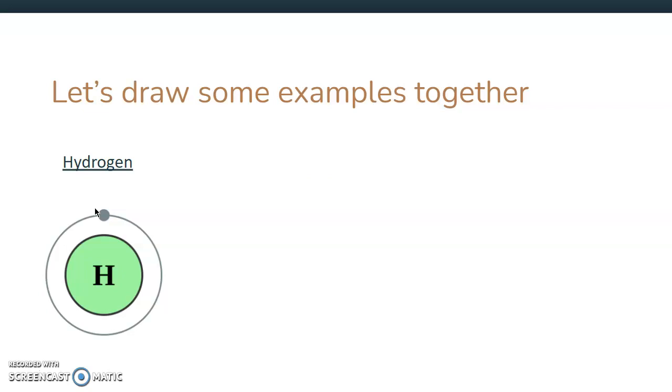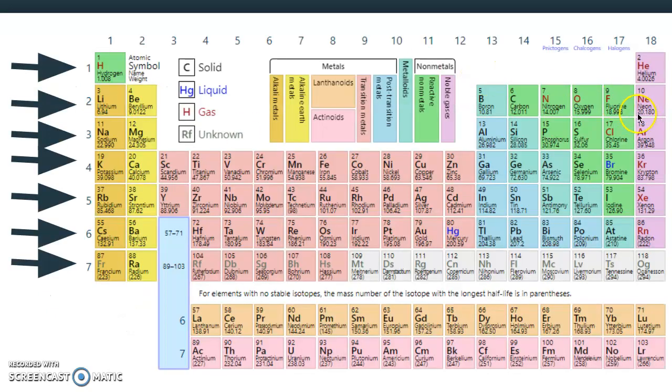What about fluorine? Let's look where that's at on our table. Fluorine is over here. So we have period number 2. So we're going to have 2 electron shells. Our first shell is going to have 2 electrons because our first row has 2 elements, 1, 2. And then our second shell is going to have as many elements there are until fluorine.